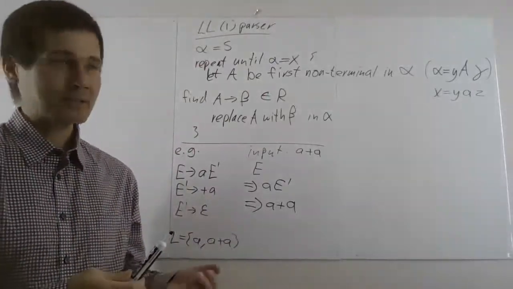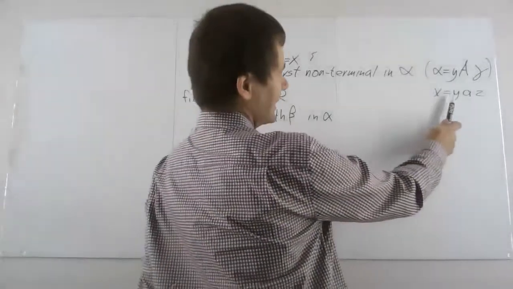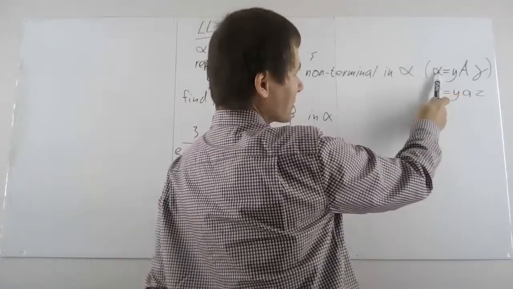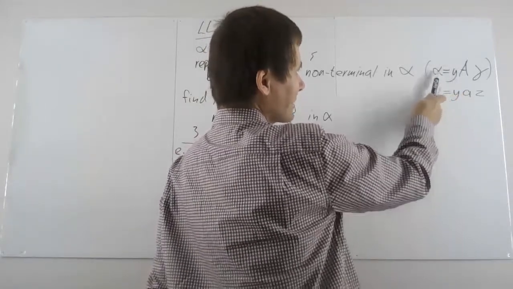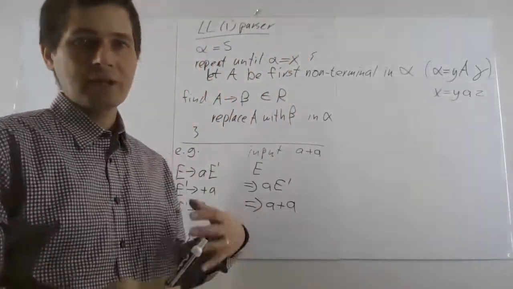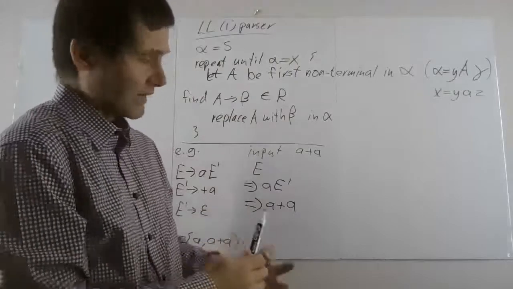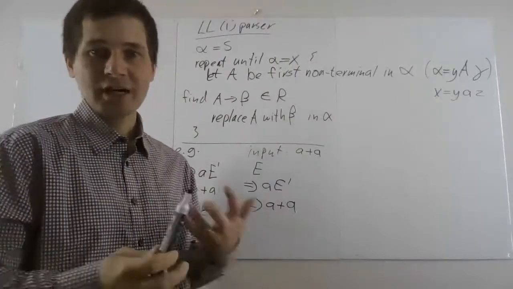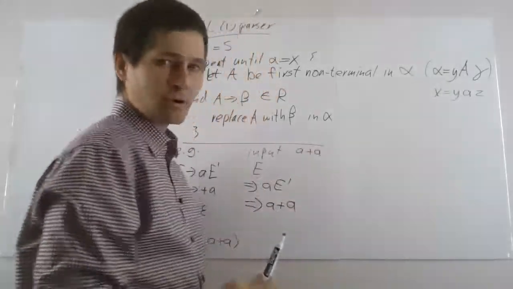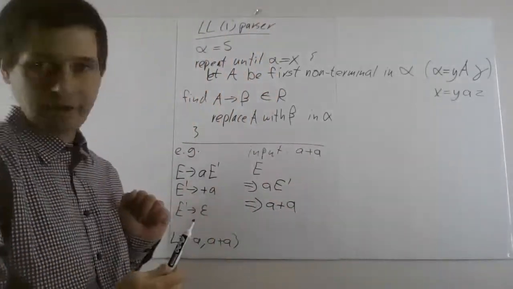Why does X have to start with Y? Well, because if X doesn't start with Y, then I'm never going to be able to derive X from alpha, because Y is all terminal symbols, and terminal symbols never change to anything else. It's only non-terminal symbols that get transformed by the production rules in the grammar.